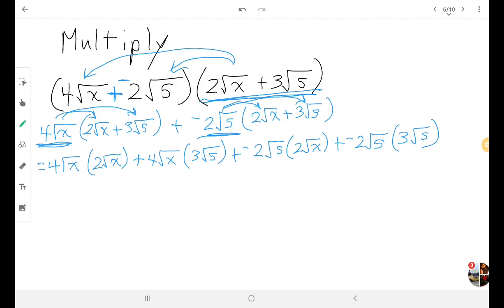And so now when I do the multiplication from this point, I am going to start combining things that can combine, putting things under the same root when I can, or when it's not possible to do any simplifying, all that kind of stuff. So like, for example, in the first one, I've got a 4 and a 2 here.